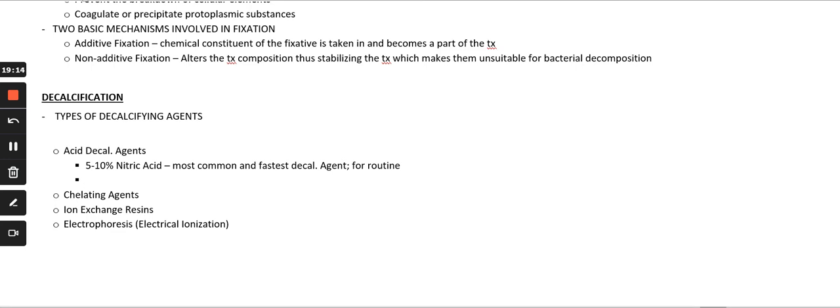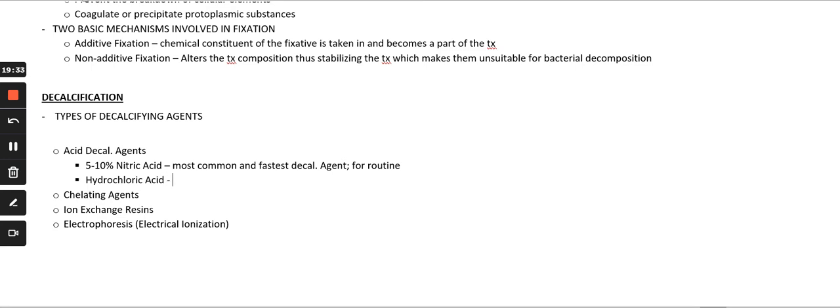Another one is your hydrochloric acid, which by now you are all familiar with, 'di ba? An example of hydrochloric acid is your von Ebner solution, which is composed of sodium chloride, hydrochloric acid, and distilled water.